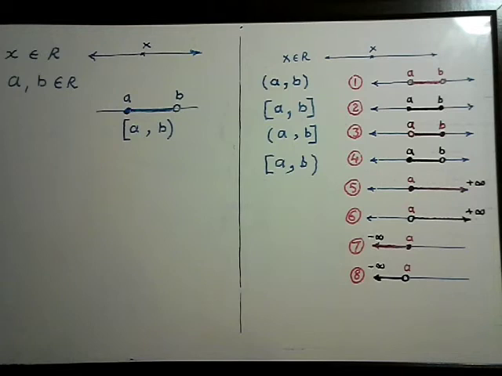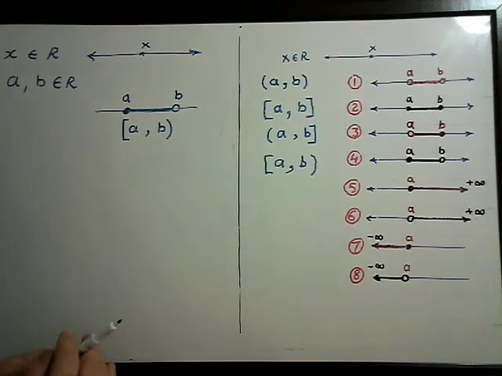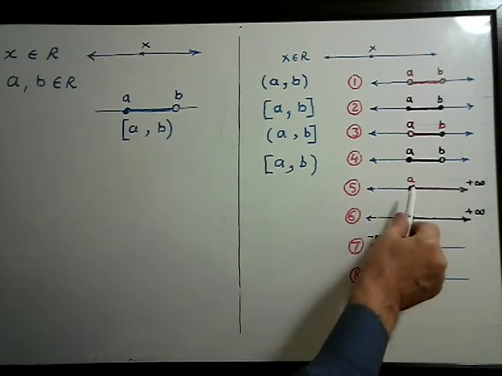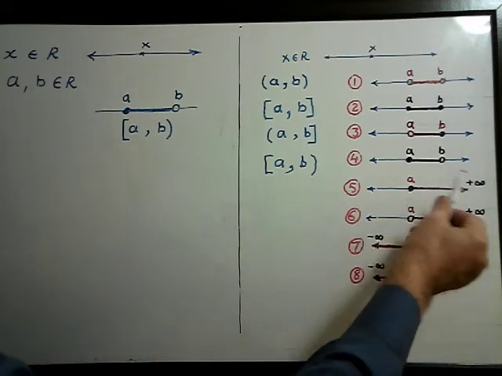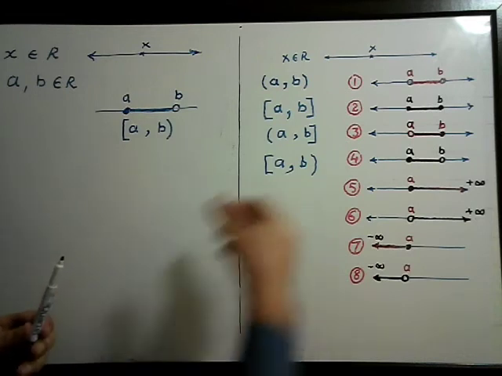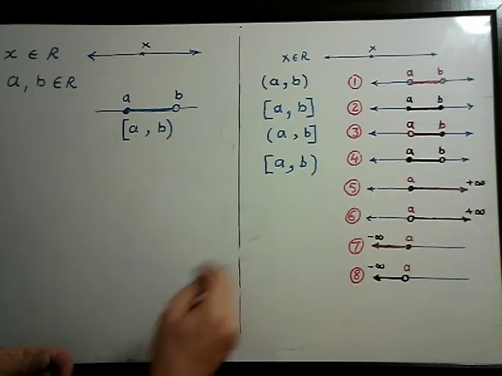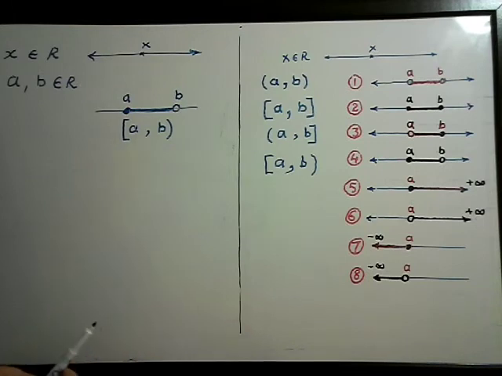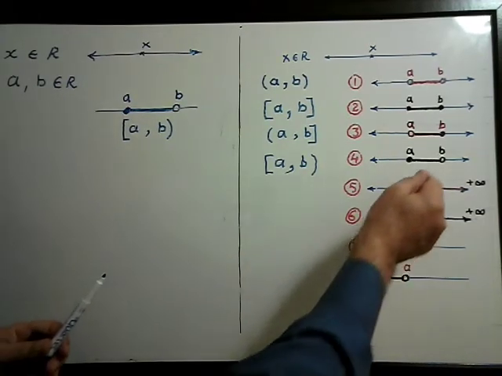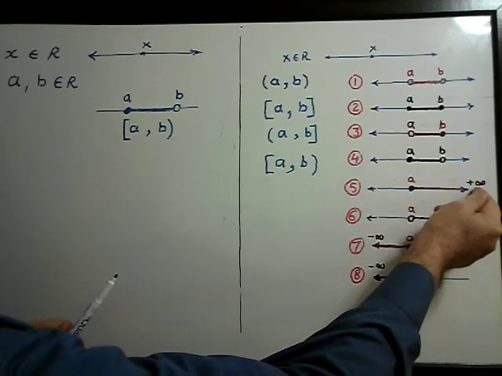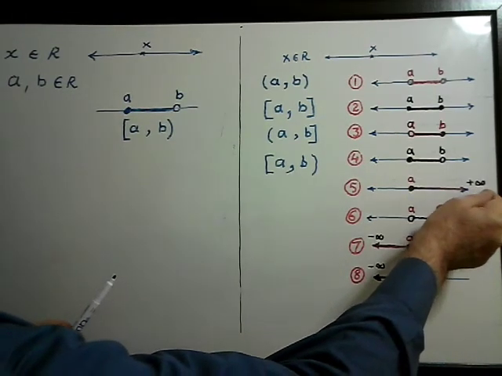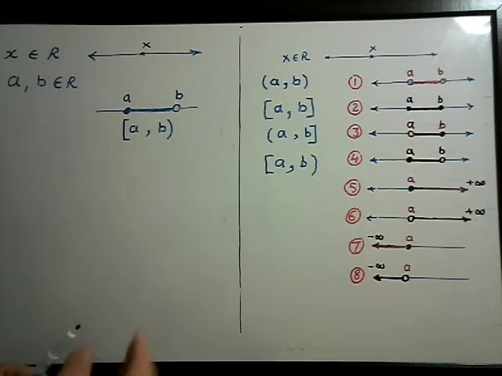When we have just one term as the beginning of the interval, and the other term is missing, like in number 5, in this case instead of b we consider plus or positive infinity. That means it extends in the positive direction without end.